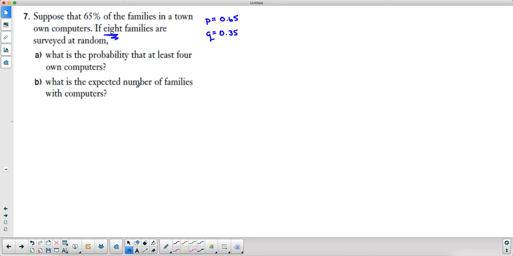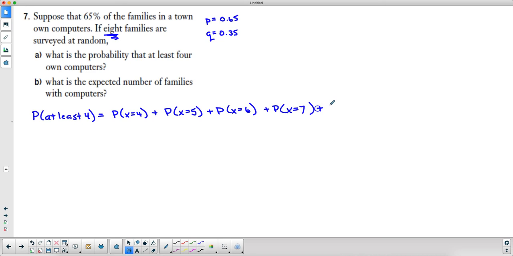So indirectly might be 1 fewer calculation than directly. I'm going to do it directly. The probability of at least 4 is equal to the probability that x equals 4, plus the probability that x equals 5, plus the probability that x equals 6, plus the probability that x equals 7, plus the probability that x equals 8.